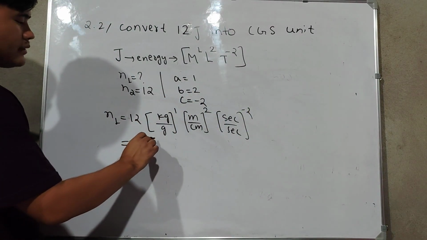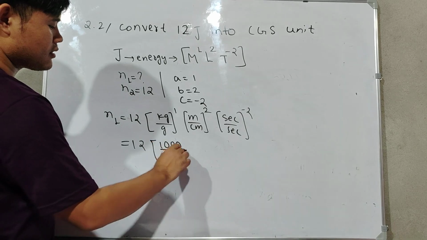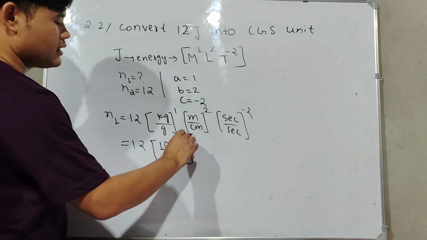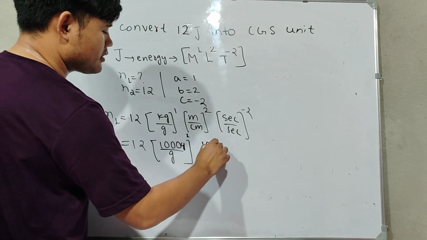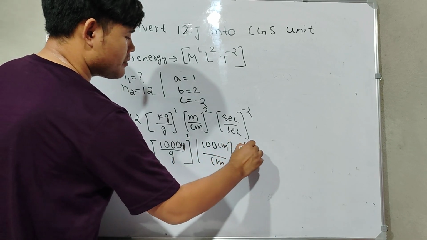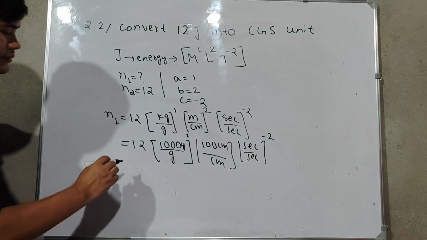So it will be 12 into kg means 1000 by gram, power is 1 only. Meter is 100 centimeter, and power 2. Second by second means second only, minus 2, right?